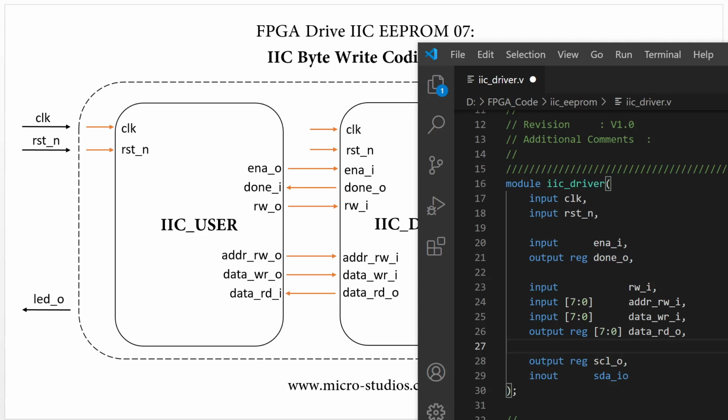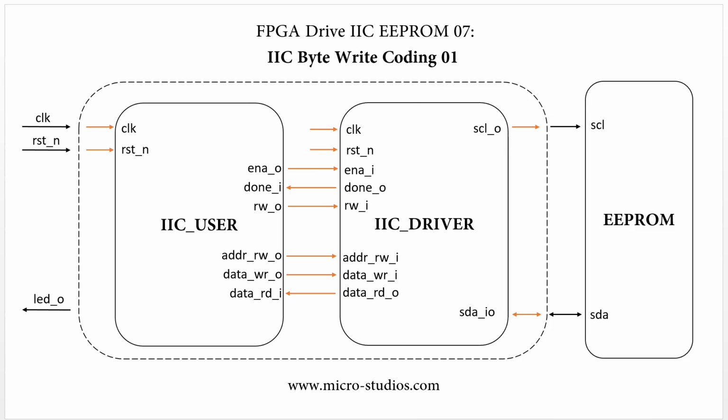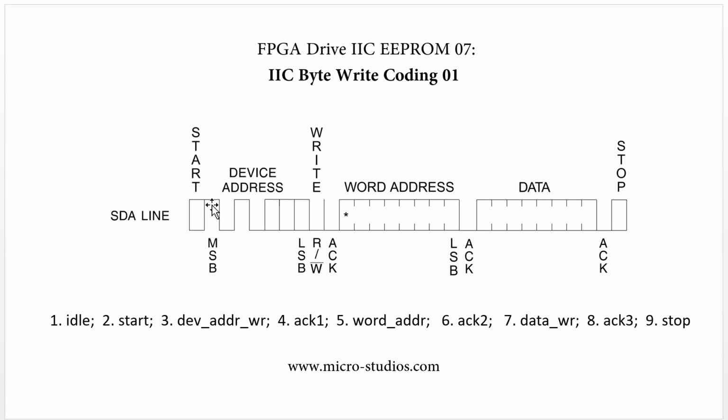The next thing is to define the states. From the previous video, we know that for write coding we have these states: idle, start, device address, acknowledge, word address, acknowledge, data, acknowledge, stop. So next, we will define the states.